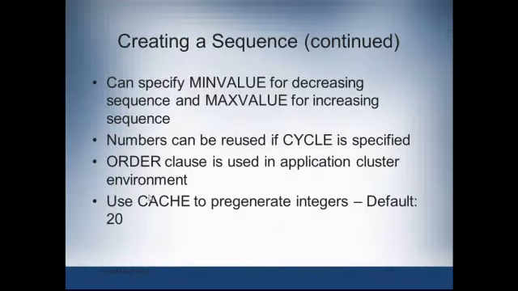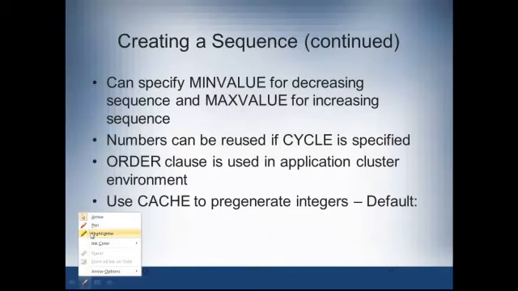All right. You can also specify a min value. Well, you would really only want to specify a minimum value if you had a decreasing sequence. Well, what's a decreasing sequence? It's a sequence that increments using negative numbers, or if we can use the term, decrements. So your starting value might be something like 1,000, and every time you generate a value, it deducts 1.